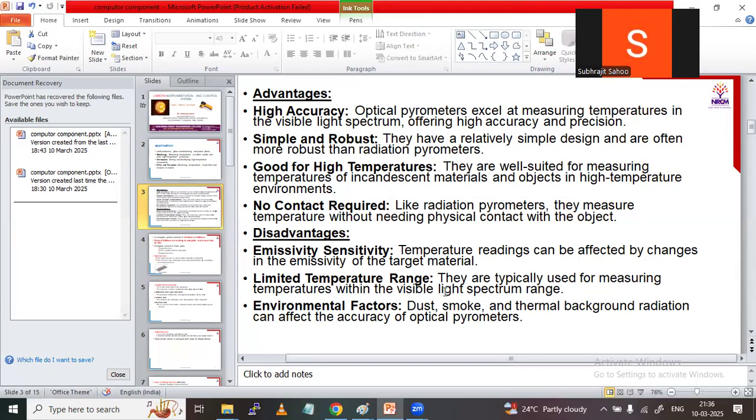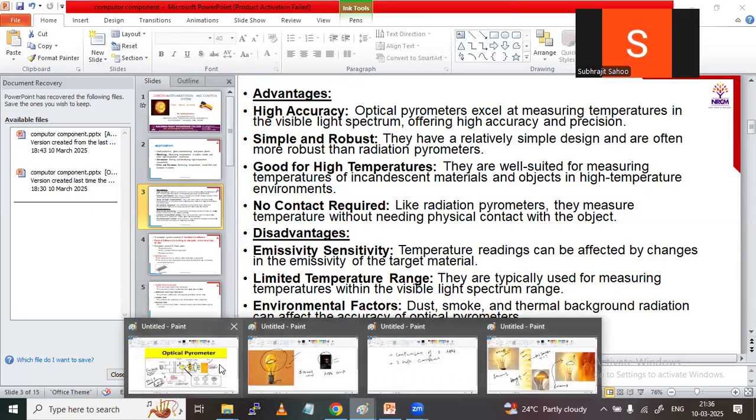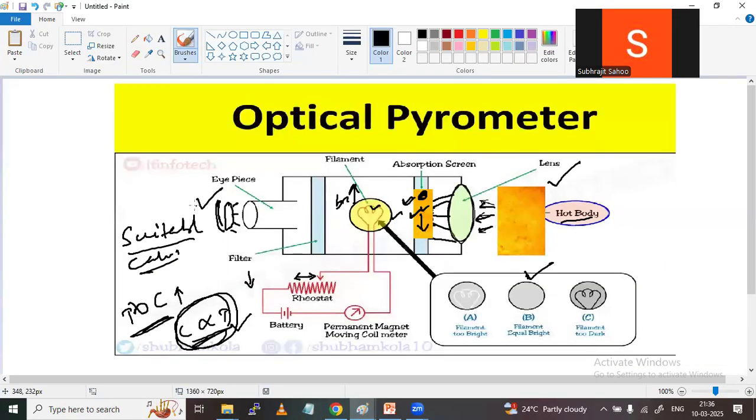And limited temperature range, in the sense that we are observing this situation here, so we can observe up to a certain limit of light. After a certain limit of light we cannot see what is happening inside this chamber, right?